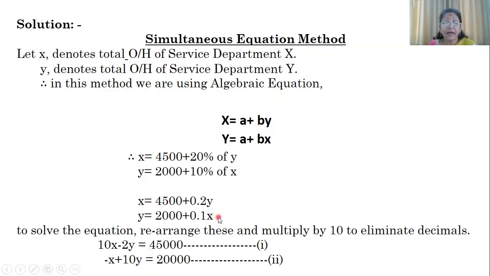Next we rearrange: plus x moves and becomes minus x, plus 10y is equal to 20,000. This is the first equation: 10x minus 2y is equal to 45,000. This is the second equation: minus x plus 10y is equal to 20,000.